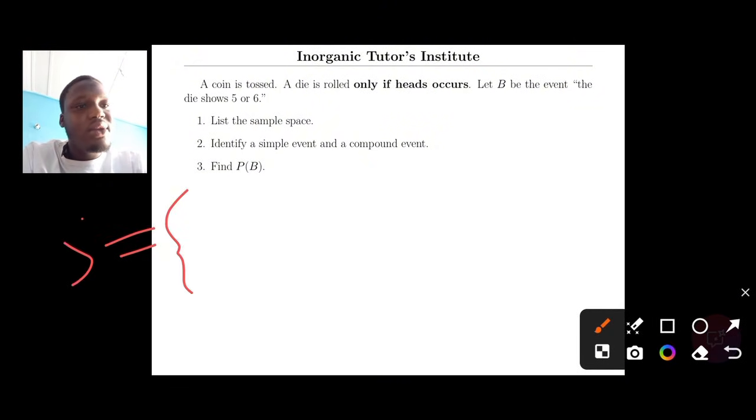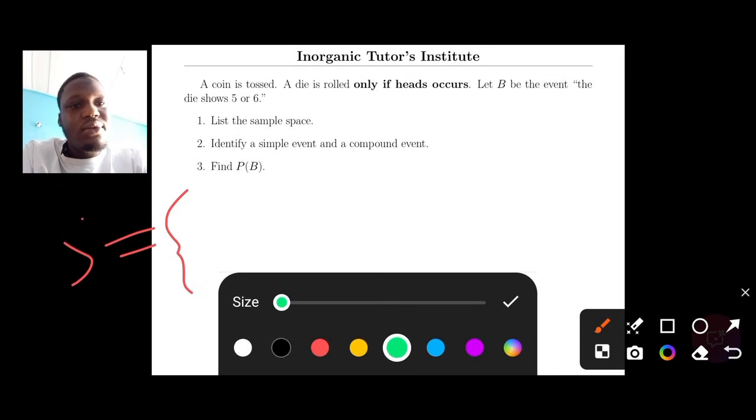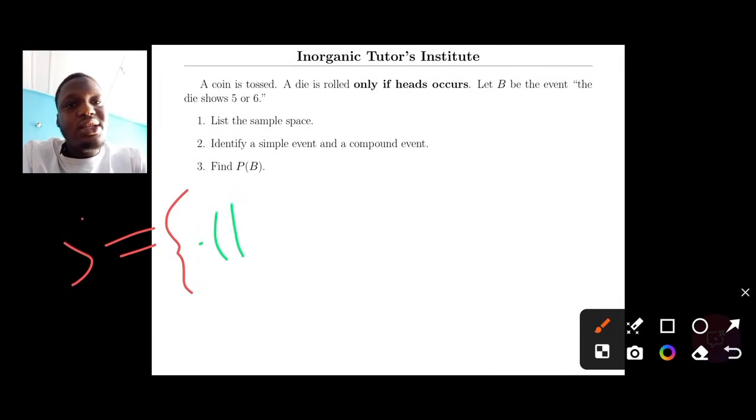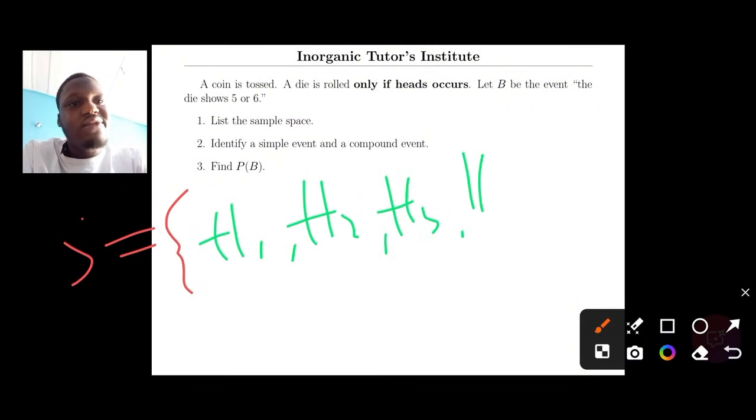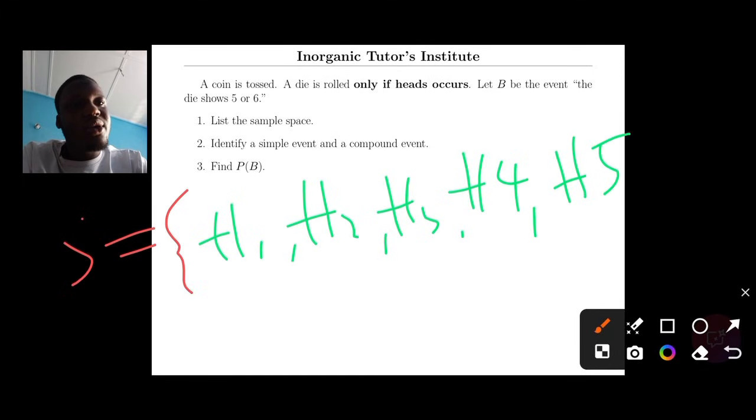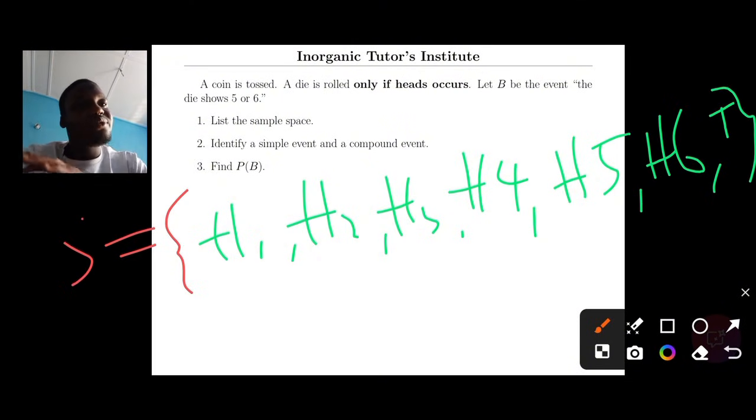So in that case, our sample space becomes H1, H2, H3, H4, H5, H6, and a tail standing alone. So these are the possible outcomes.